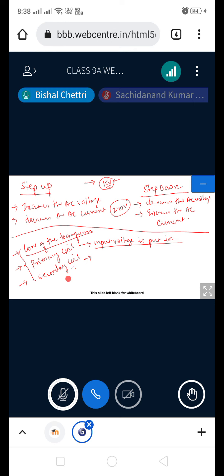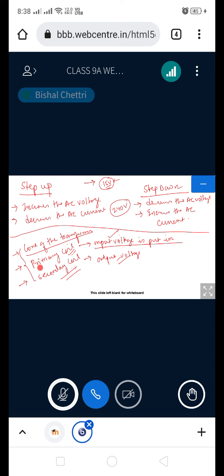That is the output voltage. So input voltage you have to put in the primary coil and output voltage you get from the secondary coil. Is this clear? Yes, sir.